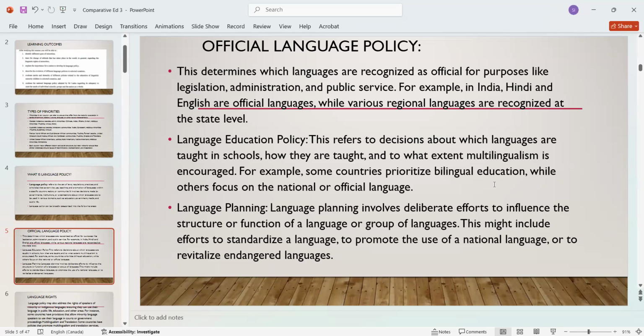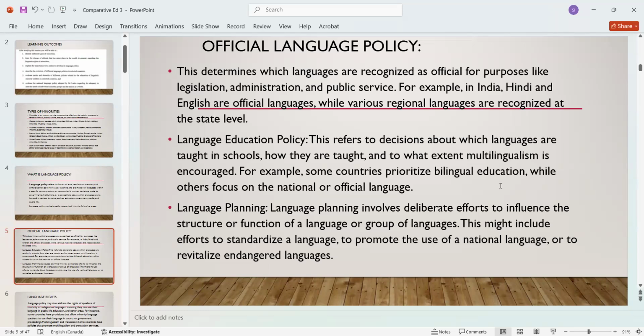The state level, they have their own language. So in India there are Telugu, Malayalam, Hindi. Hindi, of course, is the official language, and there are a lot of languages, like Kannada. At state level, they are using that language, so that is also recognized.